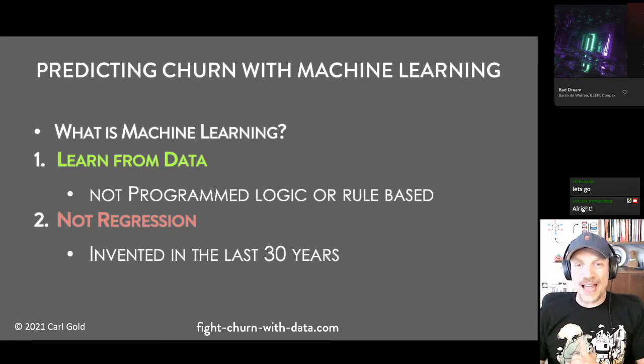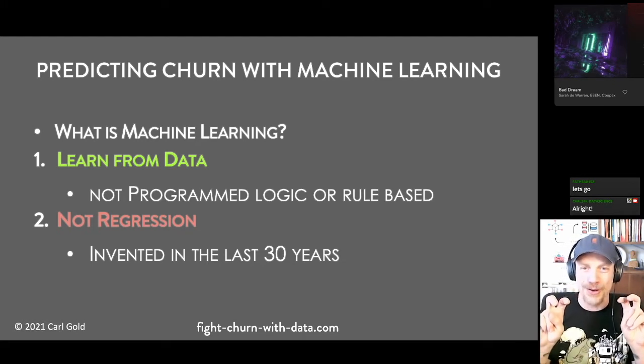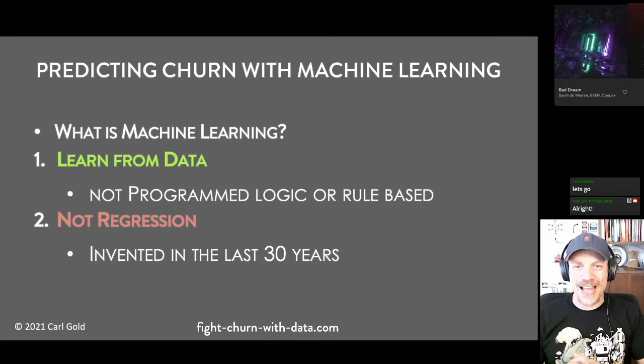Now, that sounds a lot like the regression algorithm that we learned previously. So the other key characteristic for an algorithm to be a machine learning algorithm, I would say, is that it has to not be the regression algorithm. And you would say, why isn't the regression algorithm machine learning? And I would say, well, it's kind of older. It's not a new algorithm.